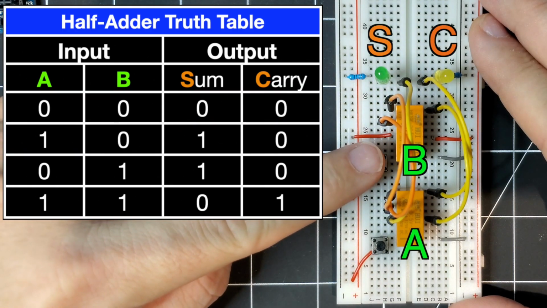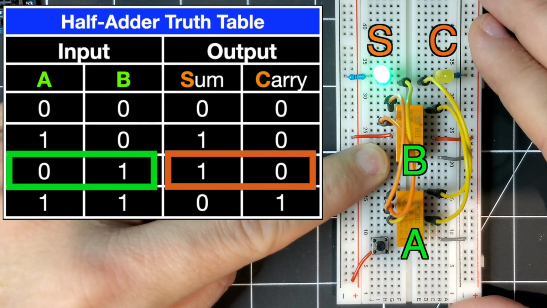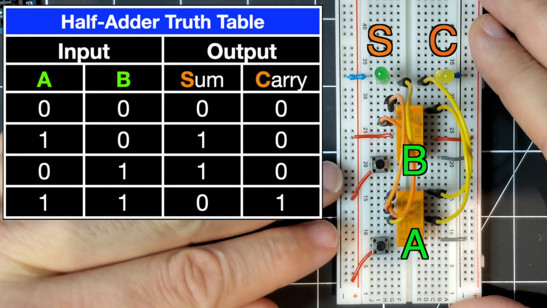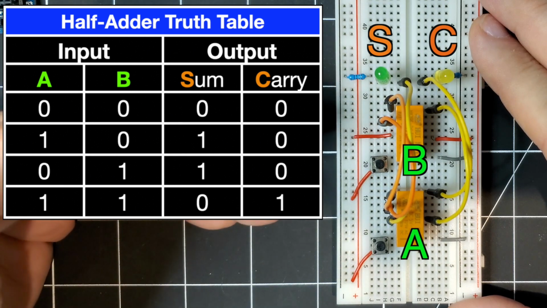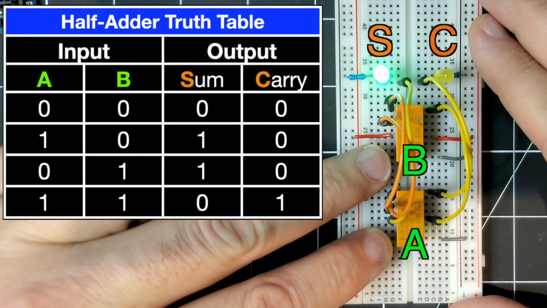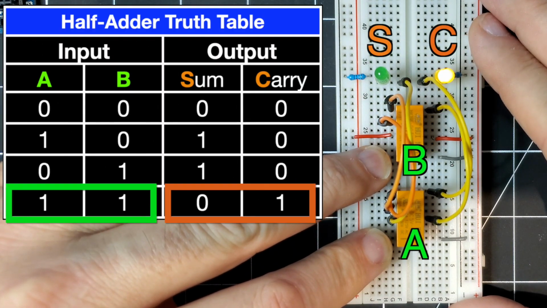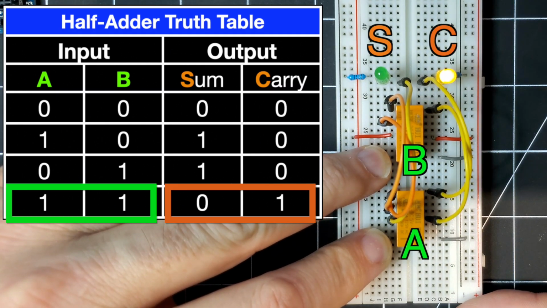And if I press B, I also get a sum output of 1. So pretty straightforward so far. But this is where things get interesting, at least as far as half adders are concerned. When you have both A and B pressed at the same time, you will now see that the carry out is lit.